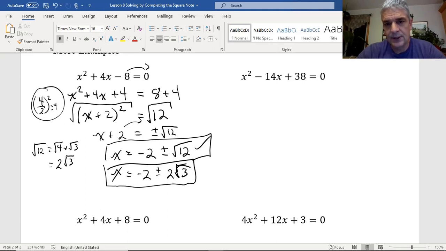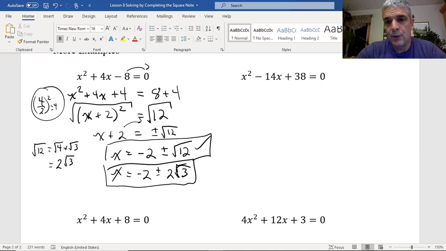Well, the only factors of 38, I believe, are 2 and 19, and they add to a total of 21, not 14. And the other two factors would be 1 and 38, and they would add to 39. So there's no way we can factor this.